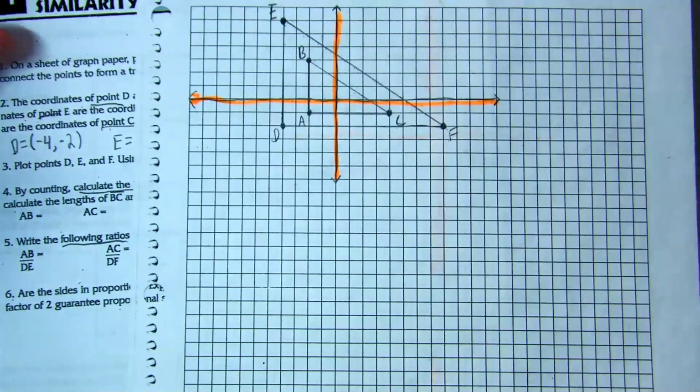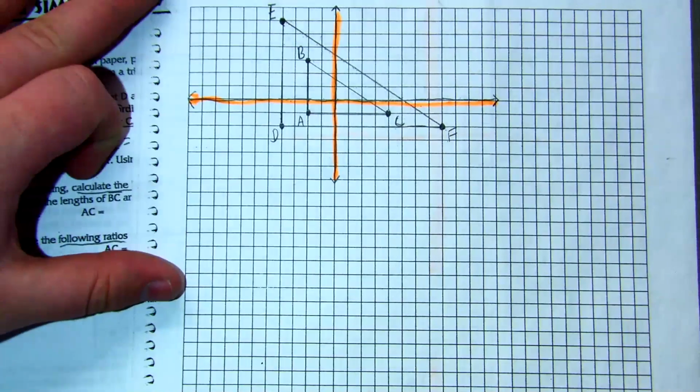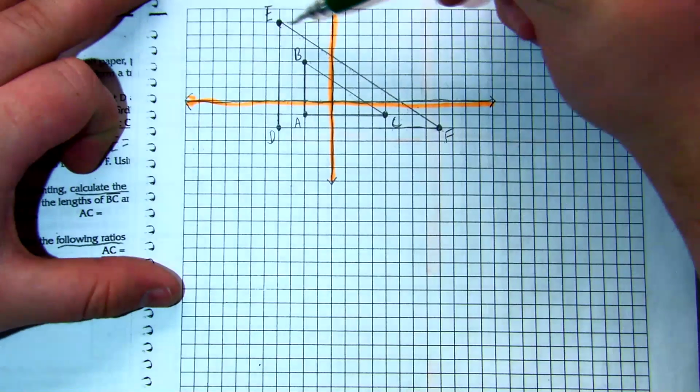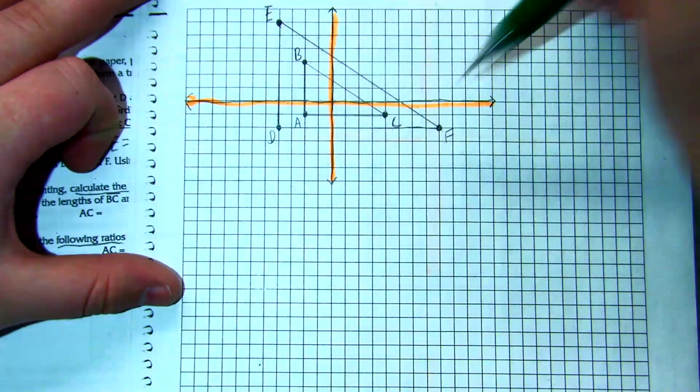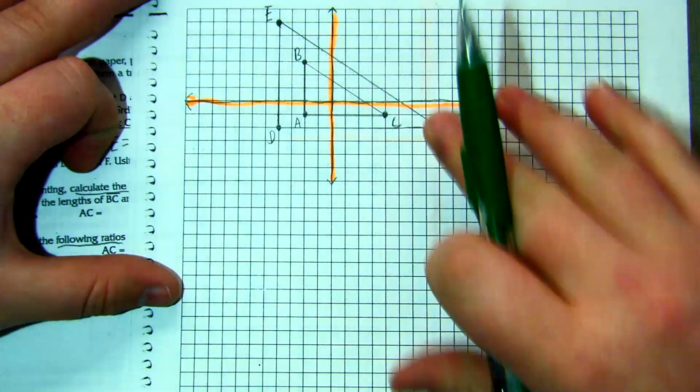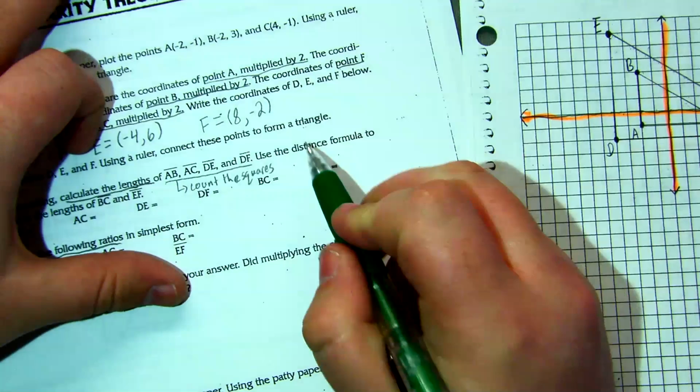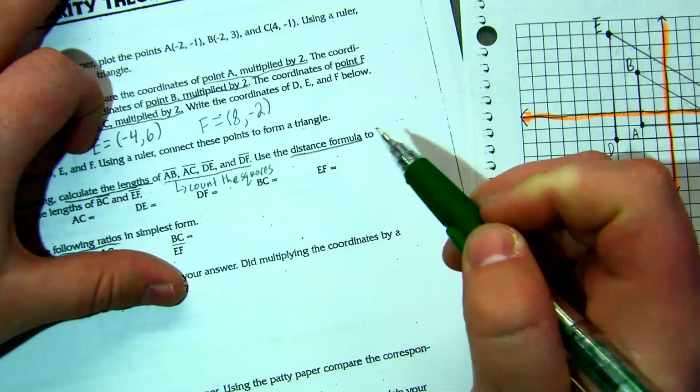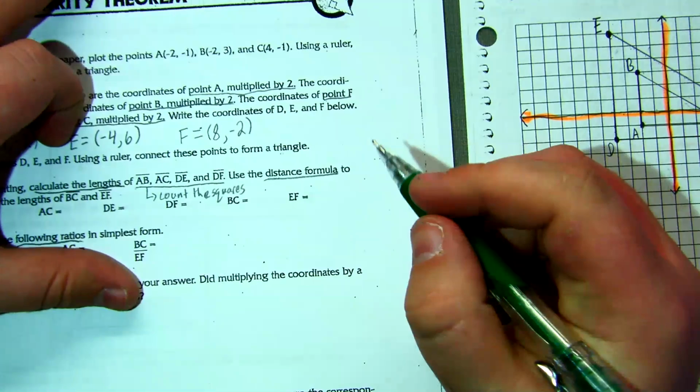However, when we look at our slanted segments, you can't just count the squares here. We need to use our distance formula to calculate this.